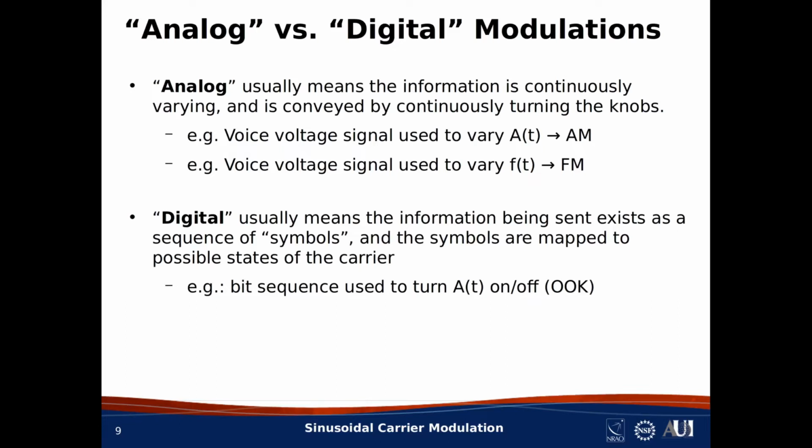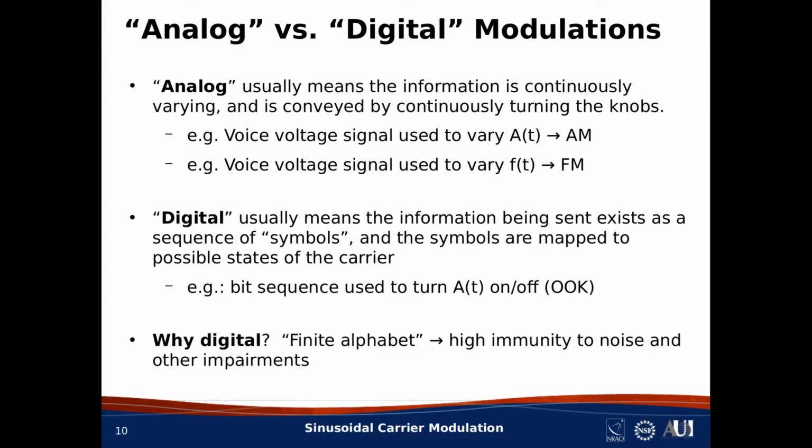This particular digital modulation is known as on-off keying, which is abbreviated OOK, sometimes, perhaps commonly, pronounced ook. Now, ook sounds a lot like AM, but it is not AM. In ook, the carrier can have only one of two possible amplitudes, and furthermore, it changes only at specified times, whereas in AM, the amplitude continuously changes. Now, you may wonder why we bother with digital modulation.